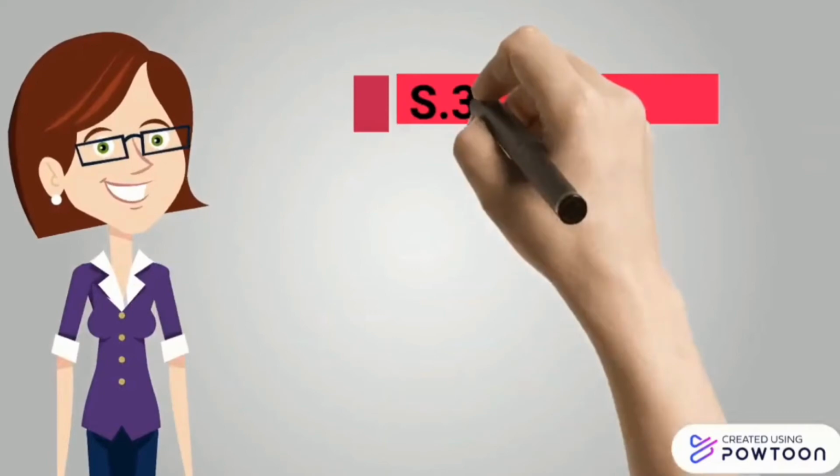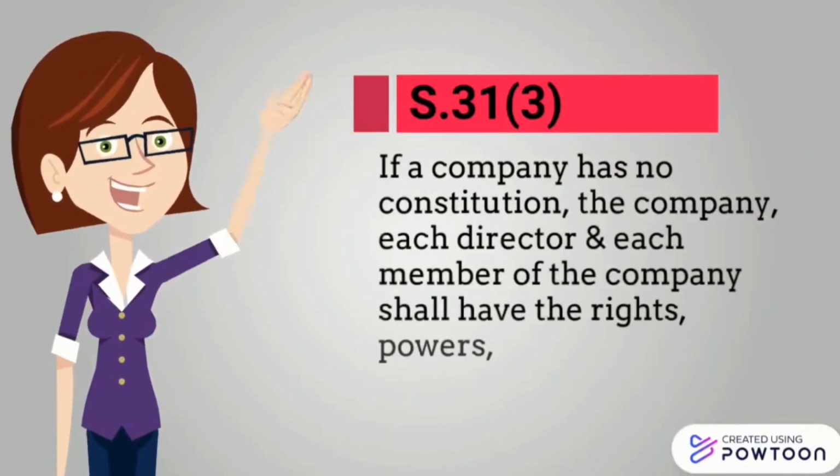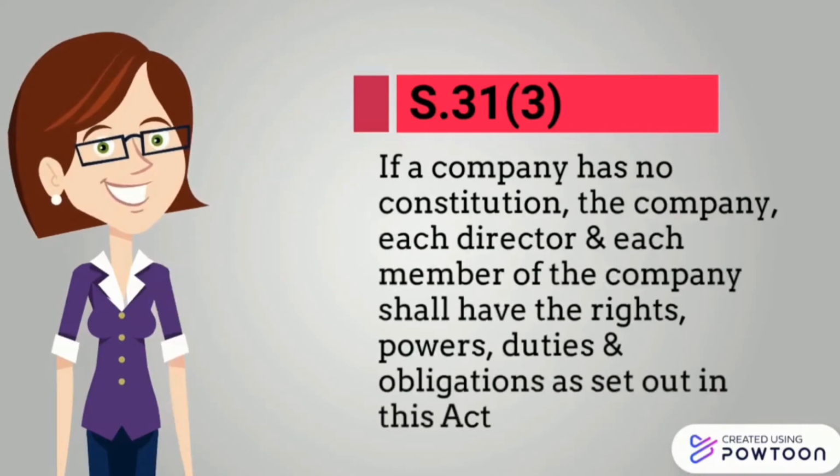Section 31(3). If a company has no constitution, the company, each director, and each member of the company shall have the rights, powers, duties, and obligations as set out in this Act.